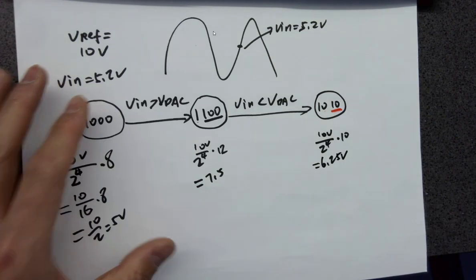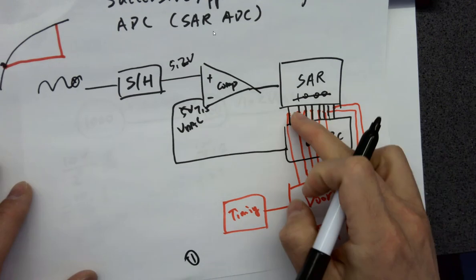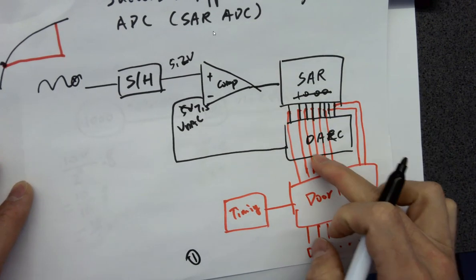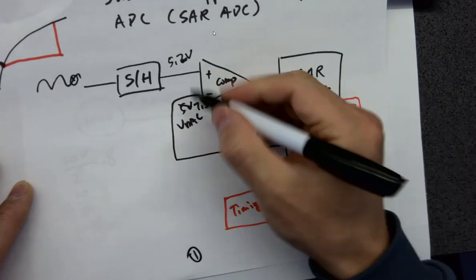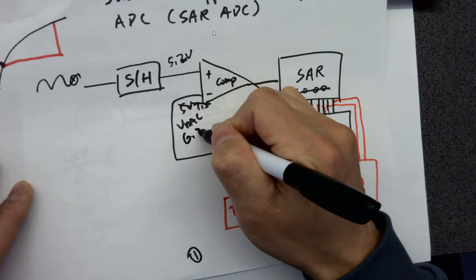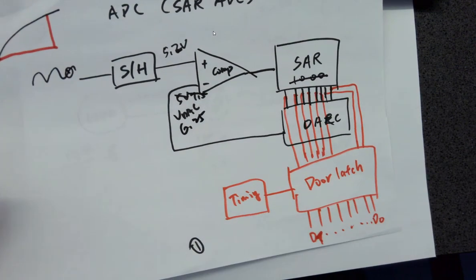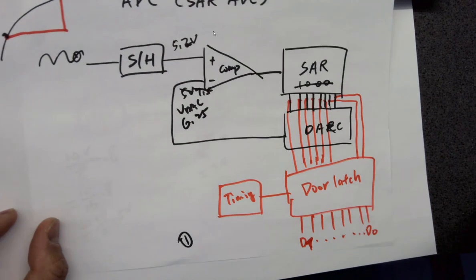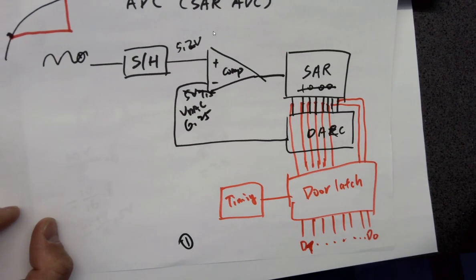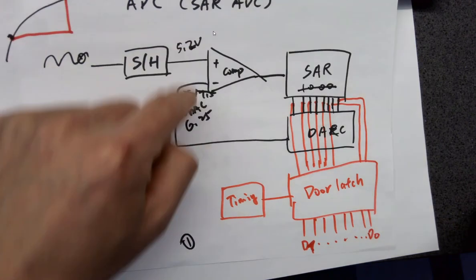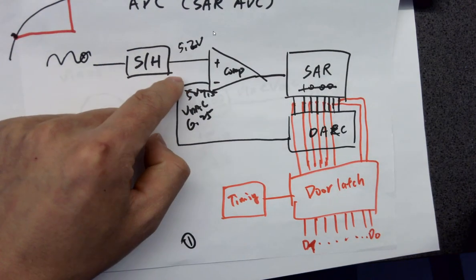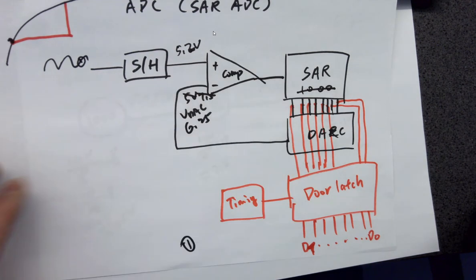So 6.25 will appear here, here. What is the output of the comparator? 0, because VP is smaller than VM, so you are getting a 0 again, right?